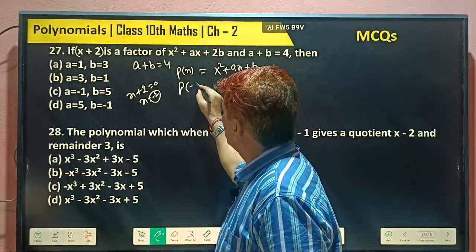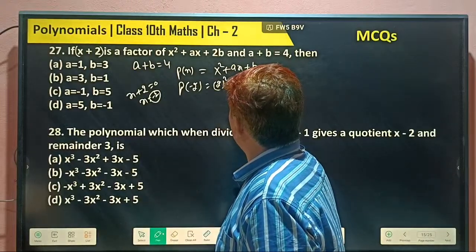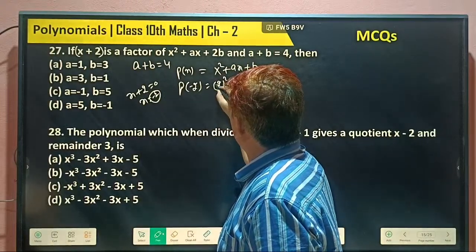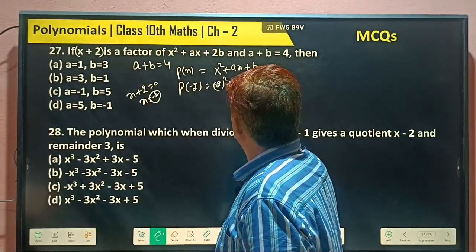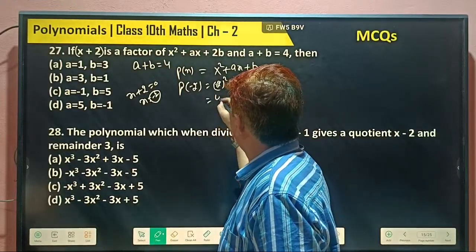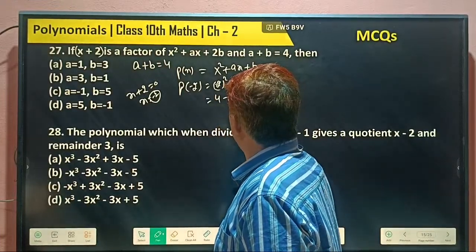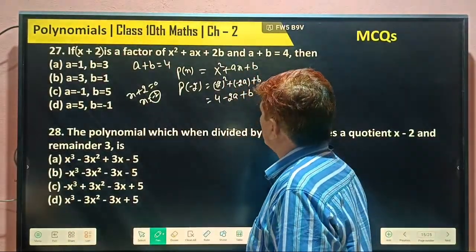So p of minus 2 we can put. So 2 square, plus minus 2 square, sorry, minus 2a plus b. So what has it become? 4 minus 2a plus b. What is this?